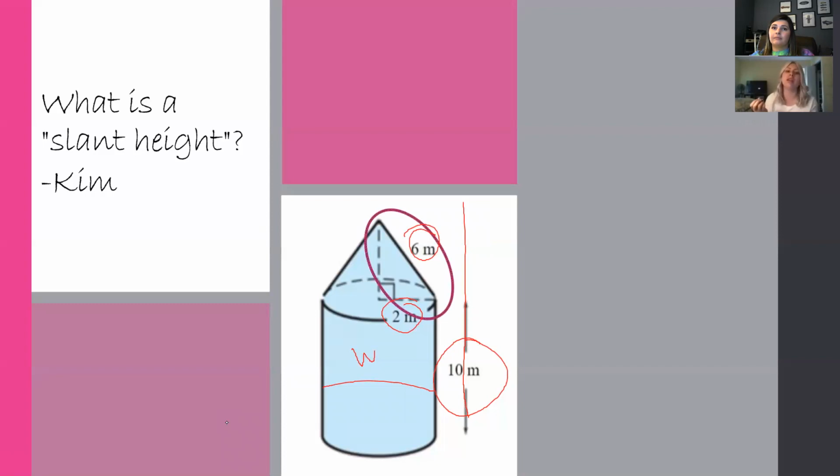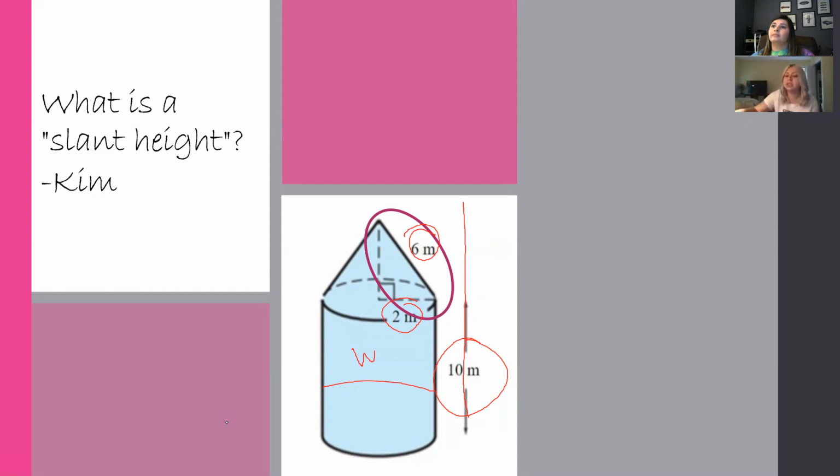So what do you think about when you think of a slant? Personally, I think of the slant in my rooftop. That's a good visualization. You think about the point of your house. When people ask how tall is your house, you're not thinking about slant height.